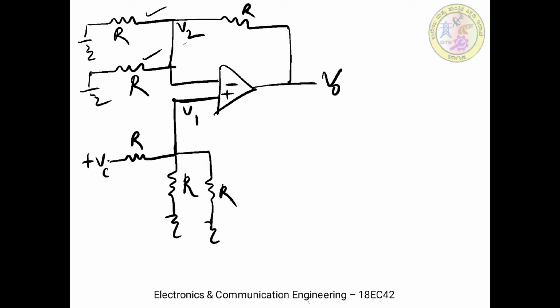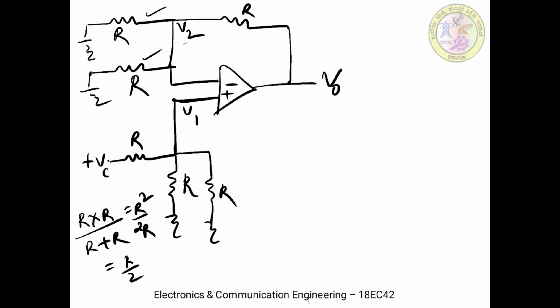we will have to derive this V1, that too by considering only one input, that is VC. So now these two resistors are in parallel, so they will get reduced to R into R by R plus R. So this will be equal to R square by 2R, which will be equal to R by 2.